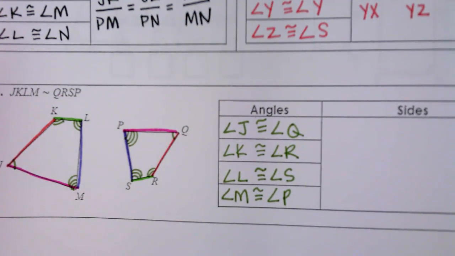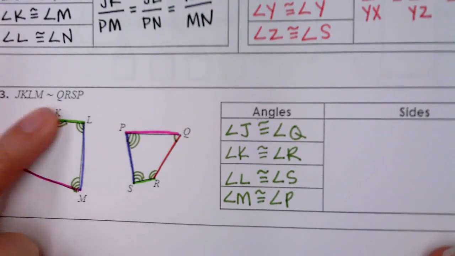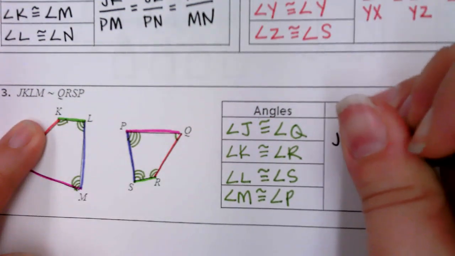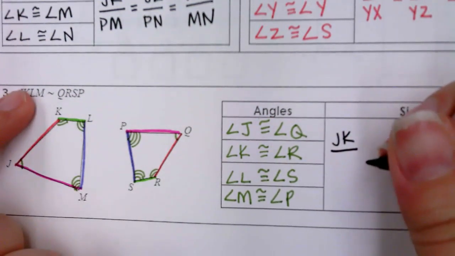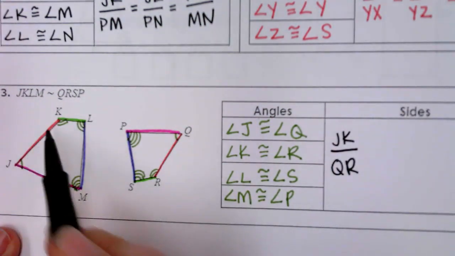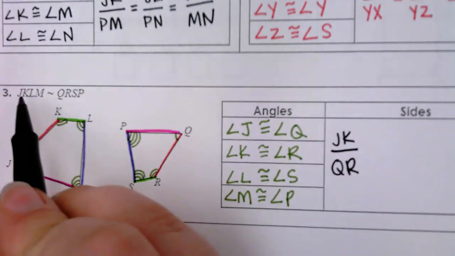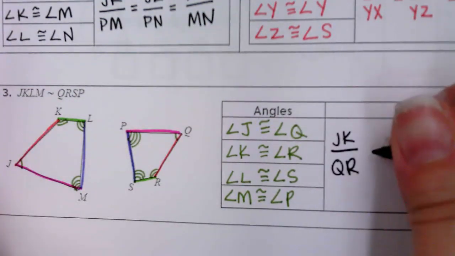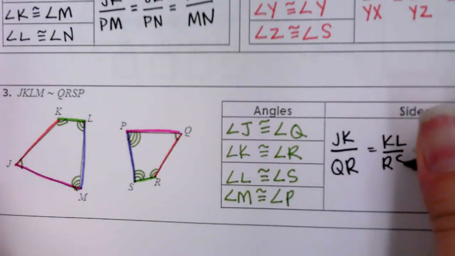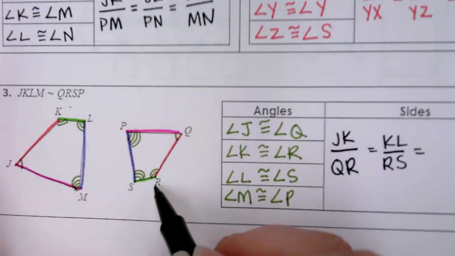So now we're going to set up our similarity ratio. I'm just going to start with the first over the second. So the first side is JK, and JK corresponds with QR, and we can see that those are the 2 red sides. Then we've got KL over RS, and notice those are the 2 green sides.